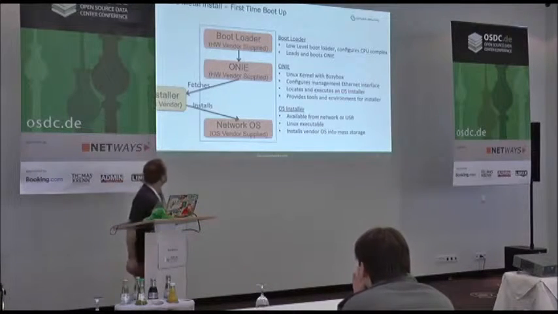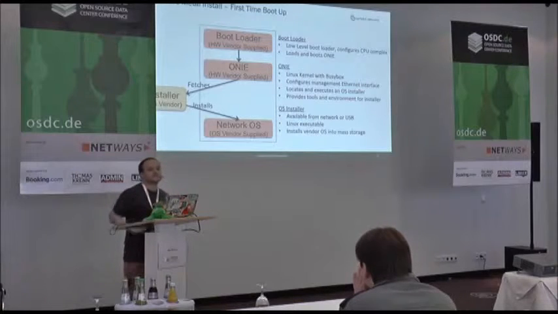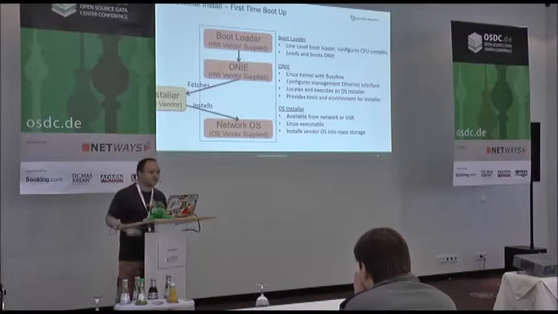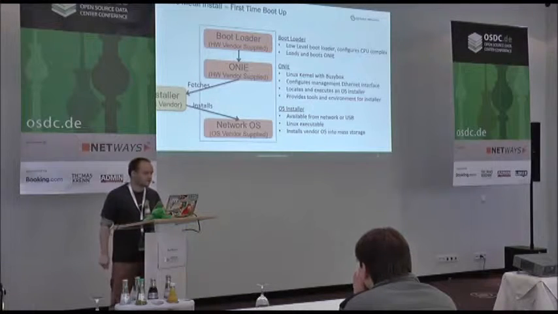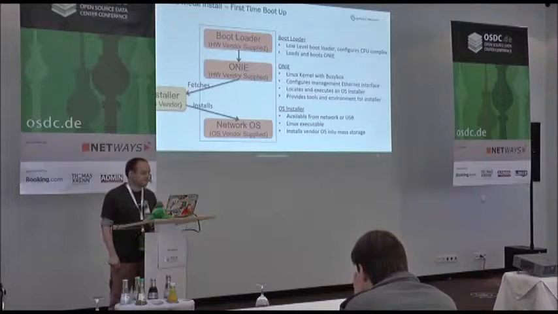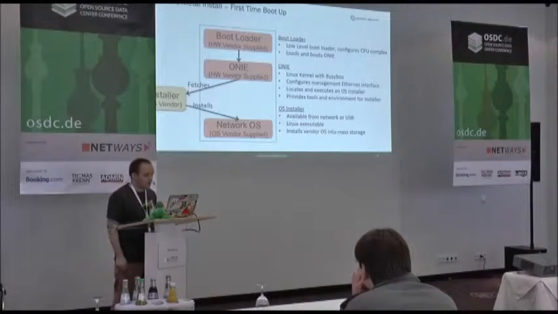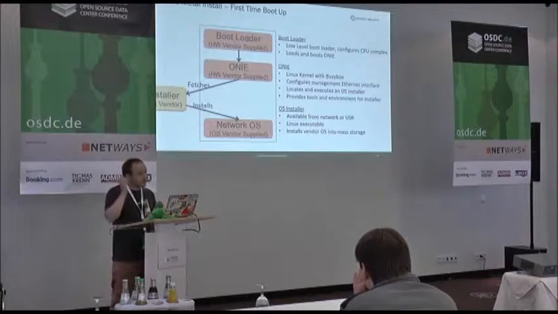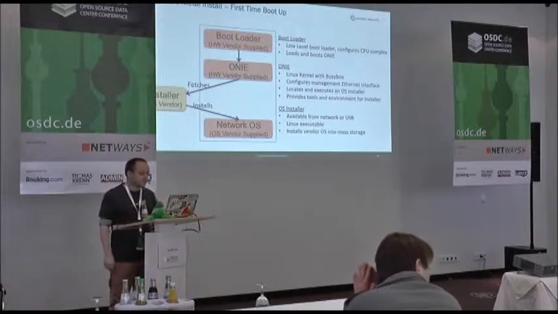This is what happens when the switch leaves the factory with ONI installed. We have a low-level bootloader that configures the CPU, and that boots ONI. In most cases, that's U-Boot at the moment. Then ONI has the Linux kernel with BusyBox. It'll bring up the Ethernet management port.